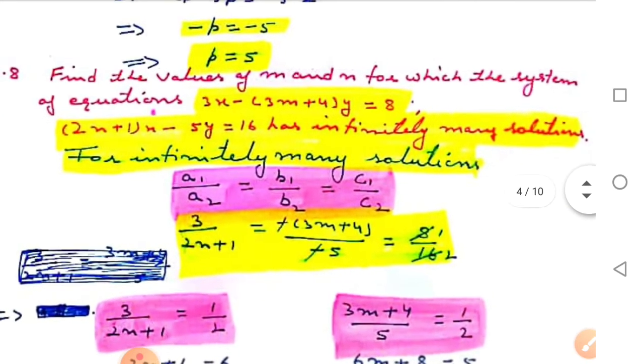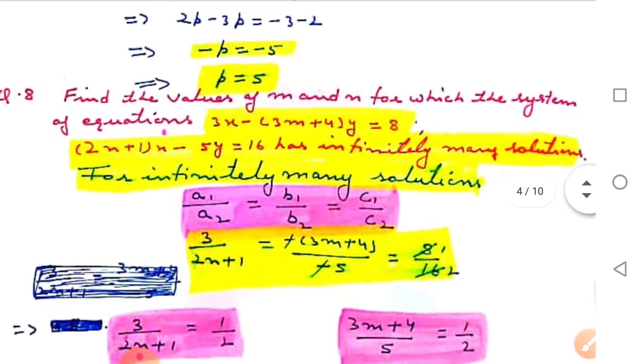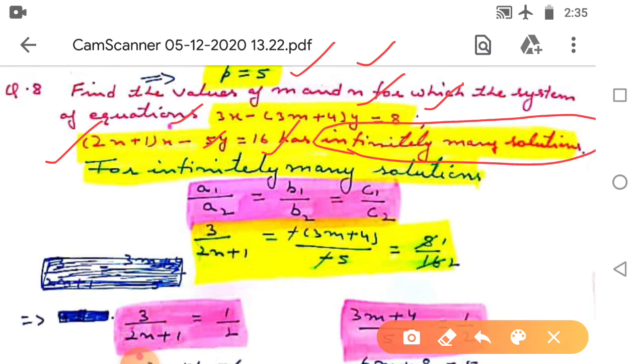Okay, the question number 8 here. Find the values of m and n for which the system of equations 3x minus (3m plus 4) into y is equal to 8 and (2n plus 1) into x minus 5y is equal to 16 has infinite many solutions.